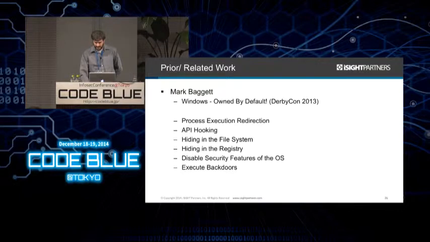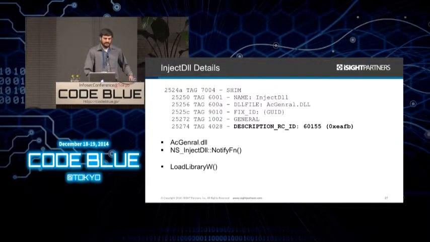So he took a look at that whole long list of shims that are available to use, and he said, which of these can I use as an attacker to perform my duties?